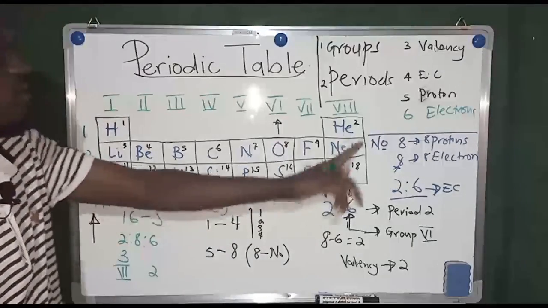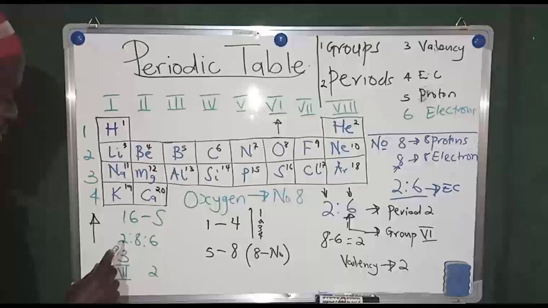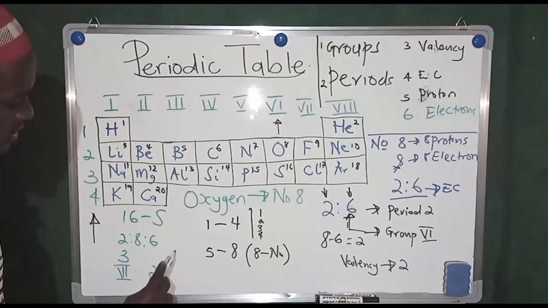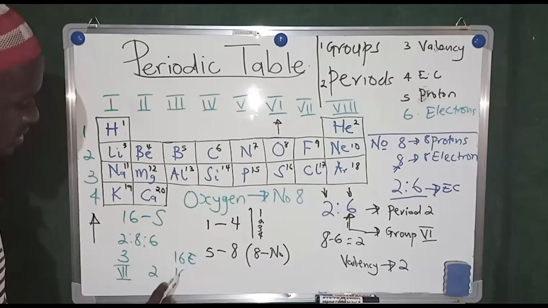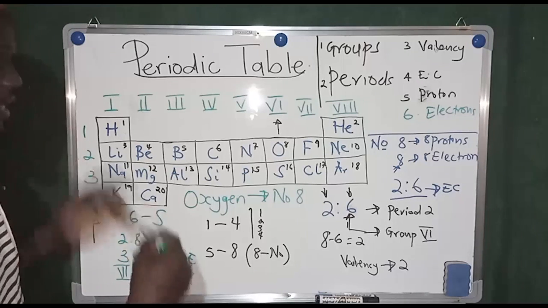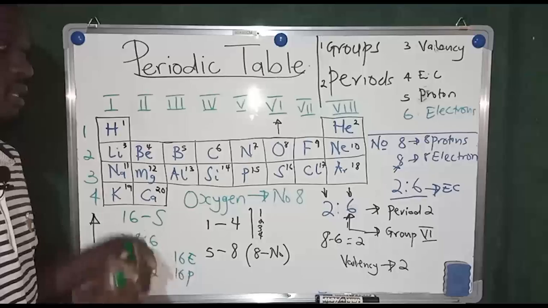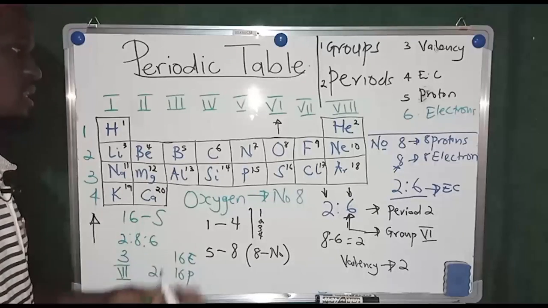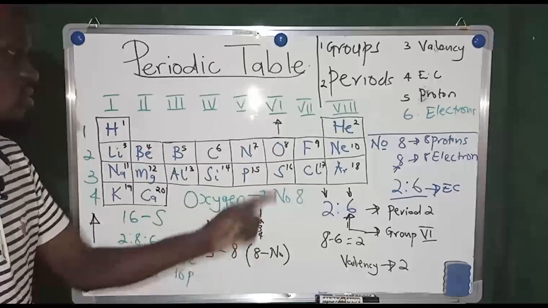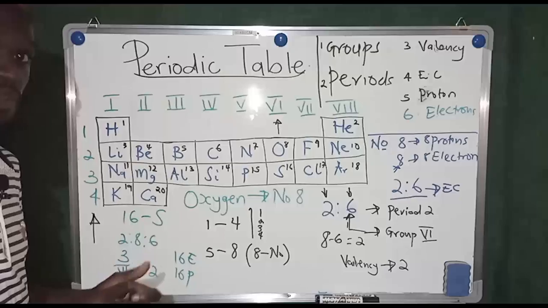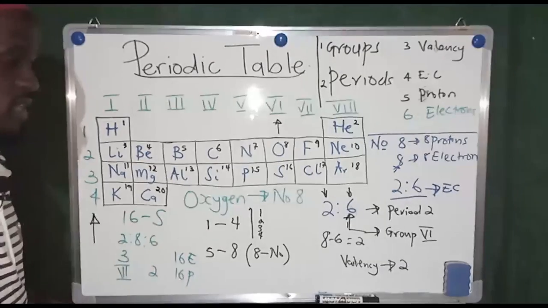If they ask me the number of electrons, I also add this plus this plus this, and I get 16. So I'll get 16 electrons and 16 protons. So I can get anything concerning these elements if I know the number and if I can write the electronic configuration.